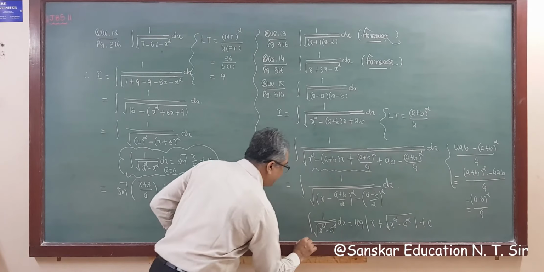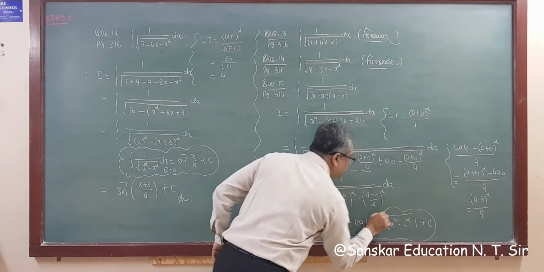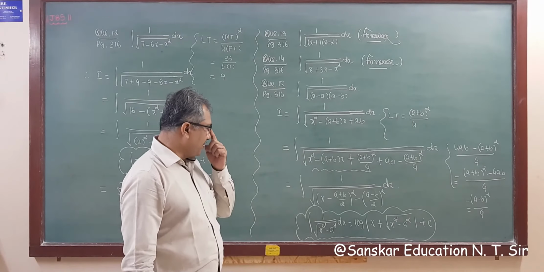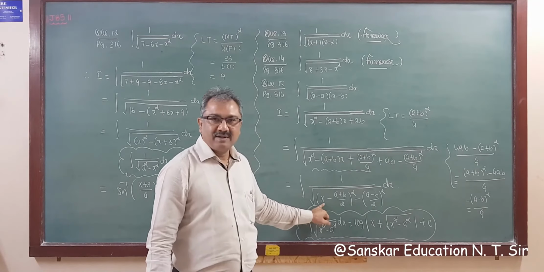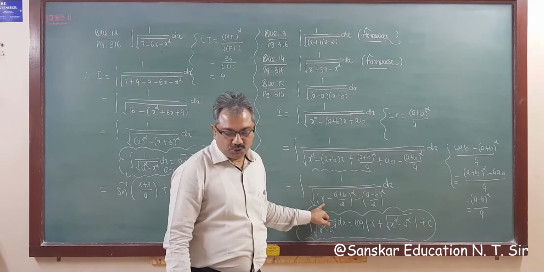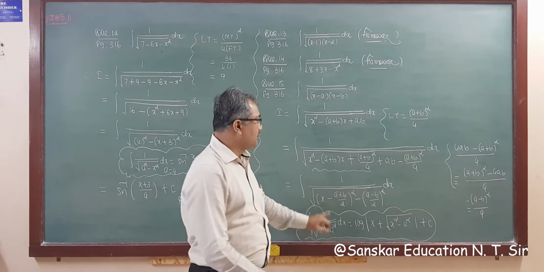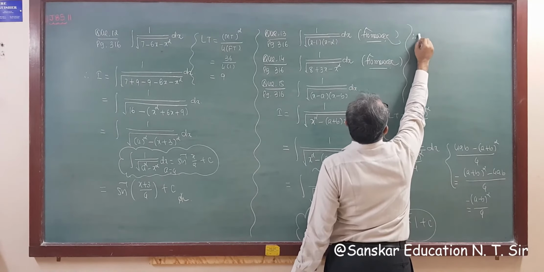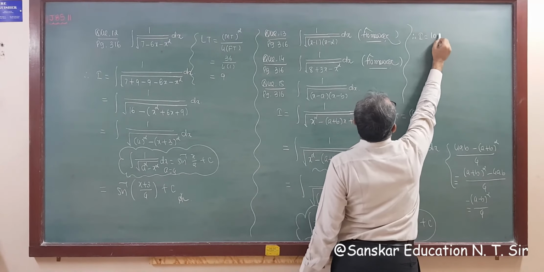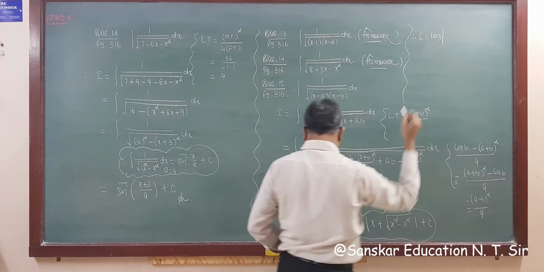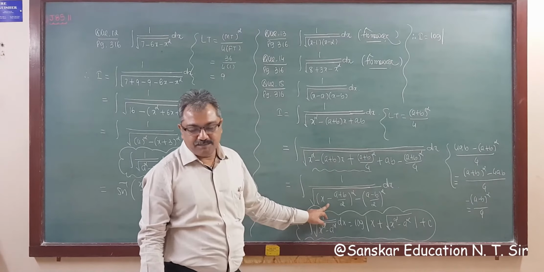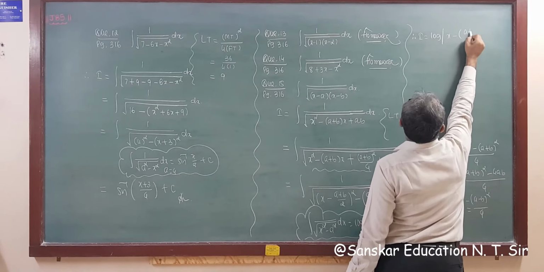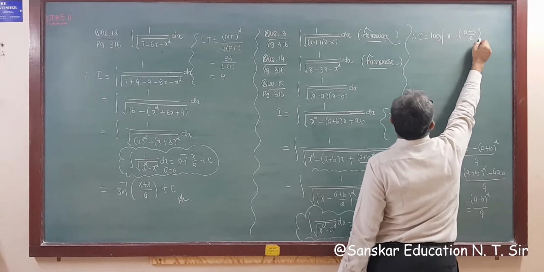This is the formula, right? So applying this formula, what do we get? X is this, coefficient of x is 1, so no need to worry. So your answer will be, therefore I is equal to log mod x, where x is x minus (a plus b) by 2.